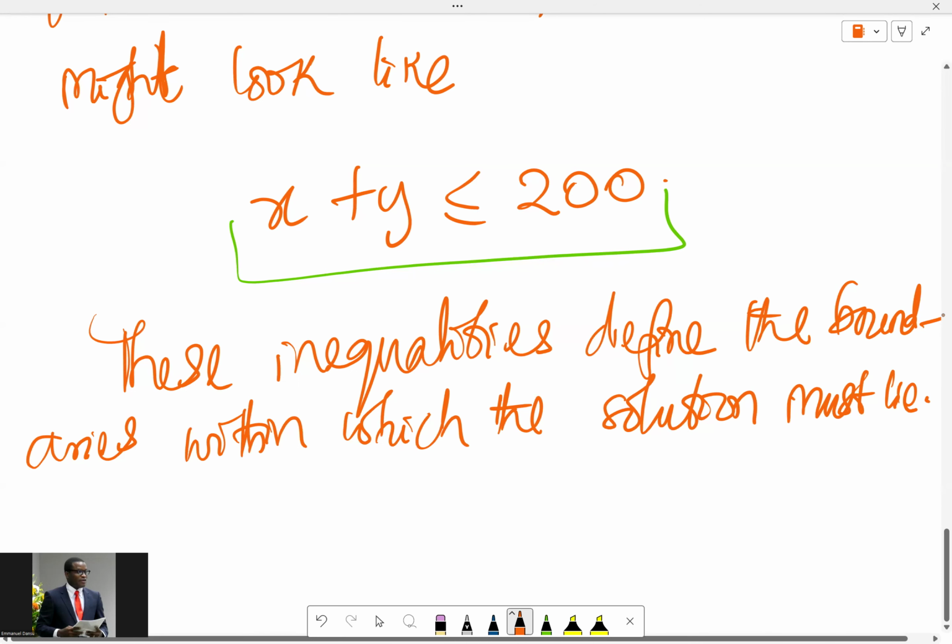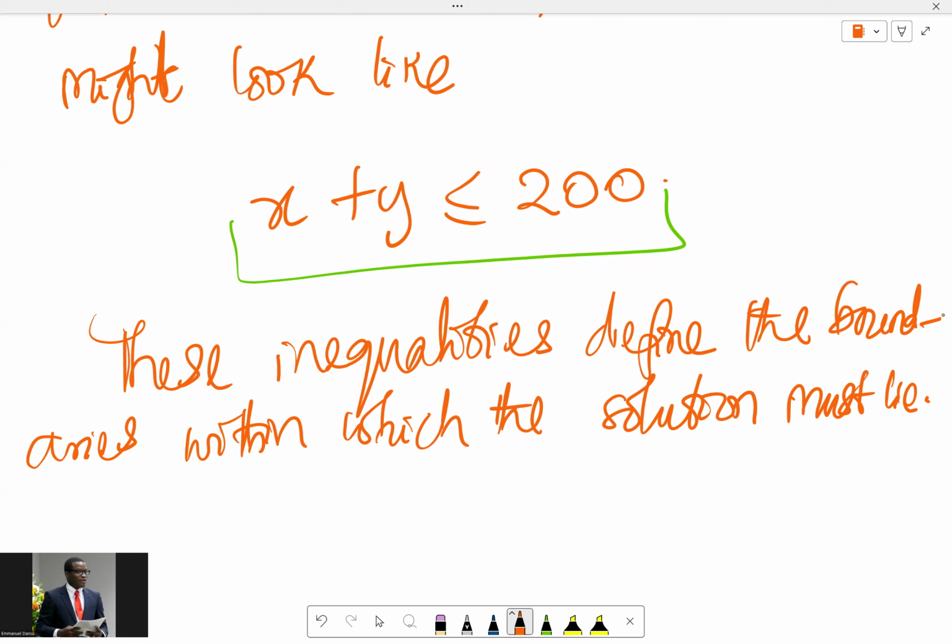I mean, in real life, there are always constraints. There are always limitations for sure. They are bound to exist. Okay, so that's talking about constraints.